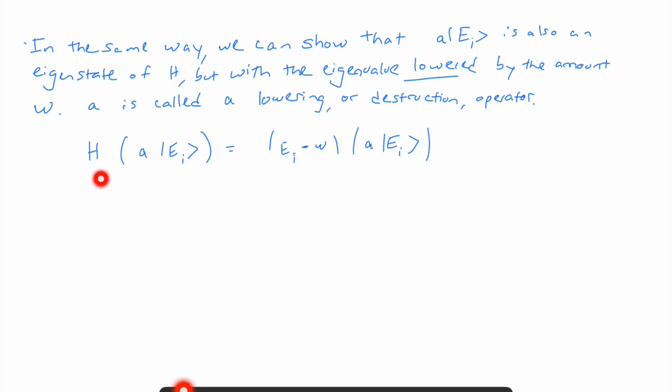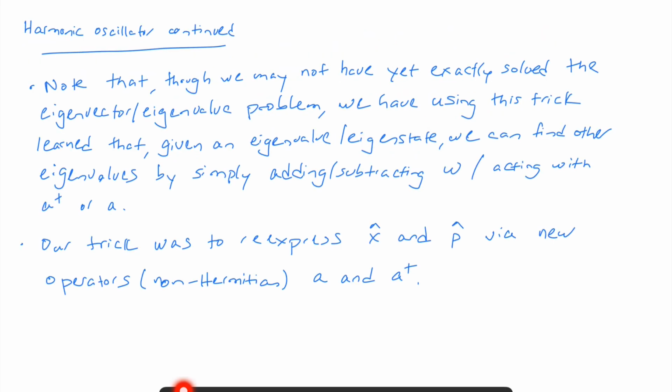So in other words, H acting on A E sub I gives me A E sub I again, but with the eigenvalue that's one less by omega. That's one unit of omega less than the original EI. And that's why this A is called either a lowering operator or a destruction operator, which is the term we'll end up using in QFT. Still not doing QFT right now. Still on simple harmonic oscillator quantum mechanic treatment.